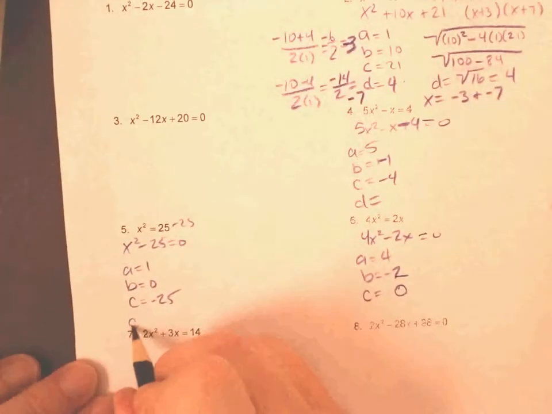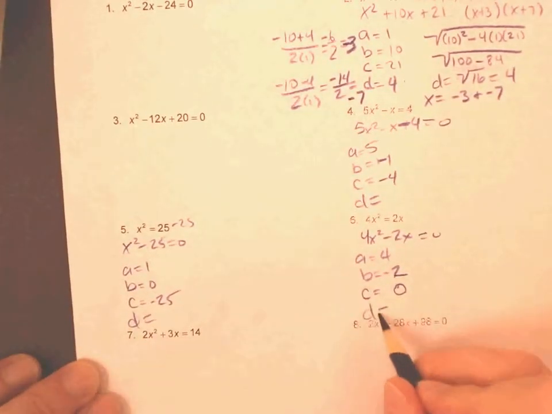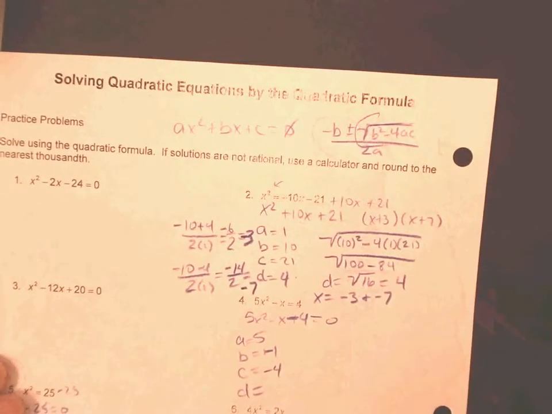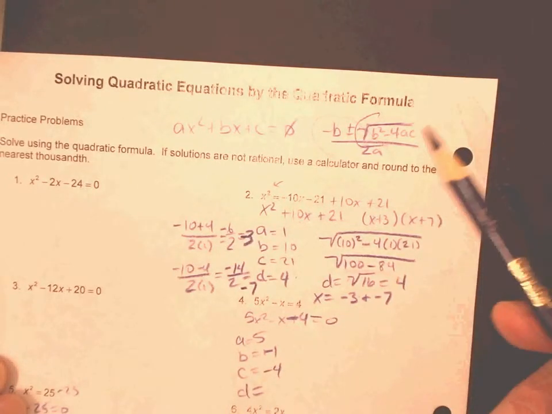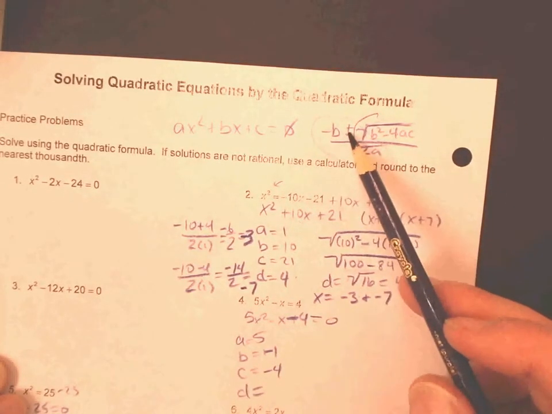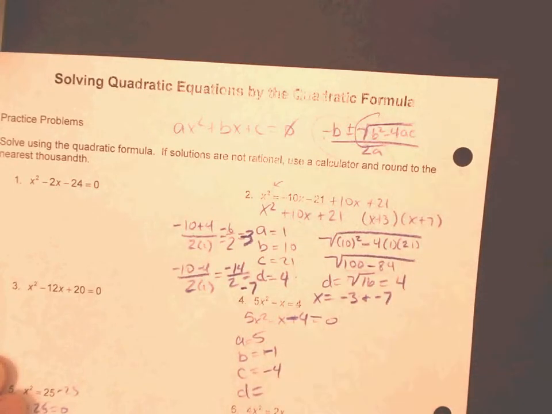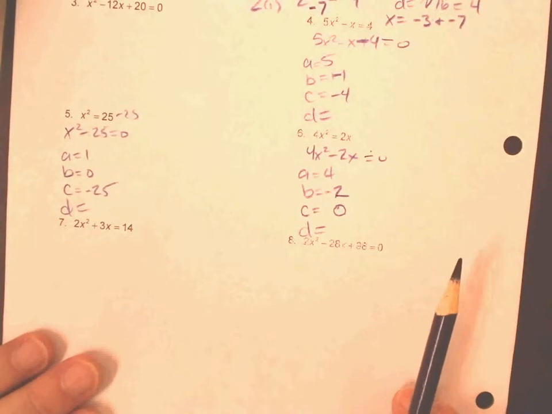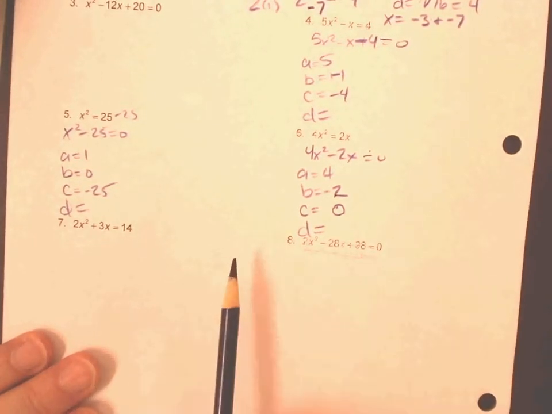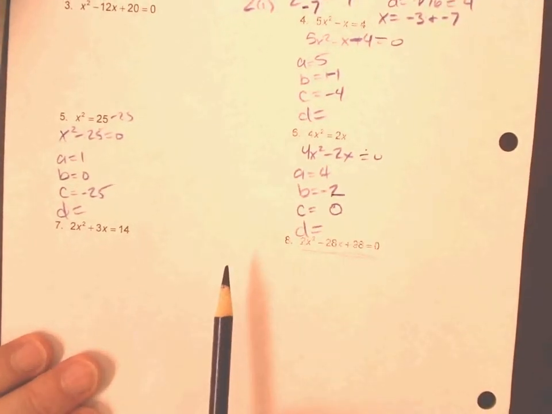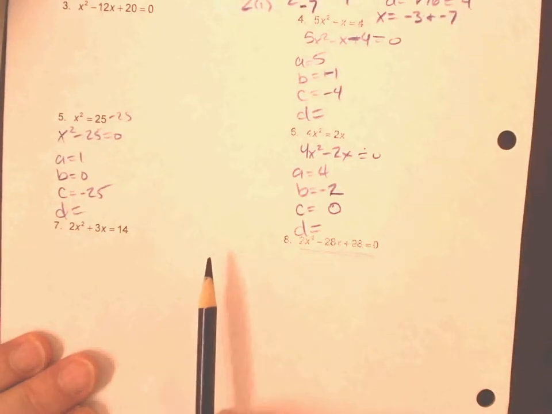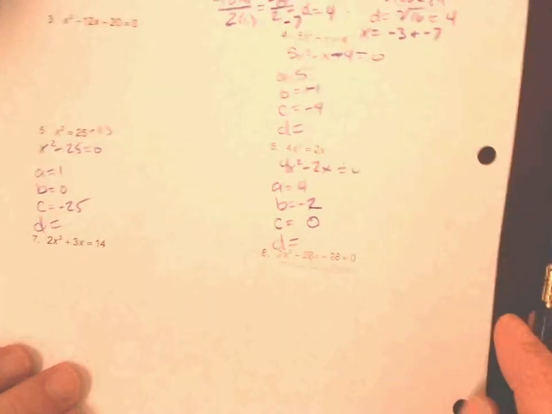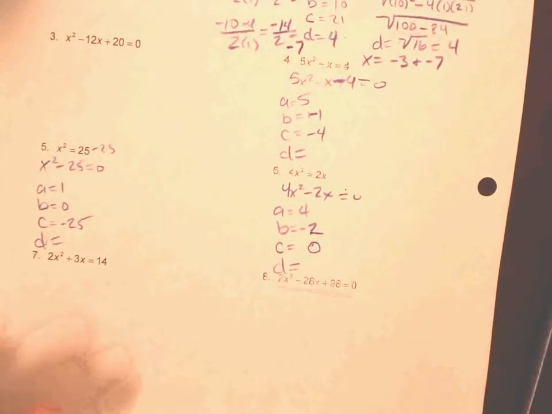I would find the discriminant for all of these by using just the square root portion of the quadratic formula, and then I take that number and add and subtract it from negative b, and then divide it by 2 times a. So that's the quadratic formula. It's great for problems that won't factor, or problems that just look too difficult to factor. Sometimes using the quadratic formula is best.